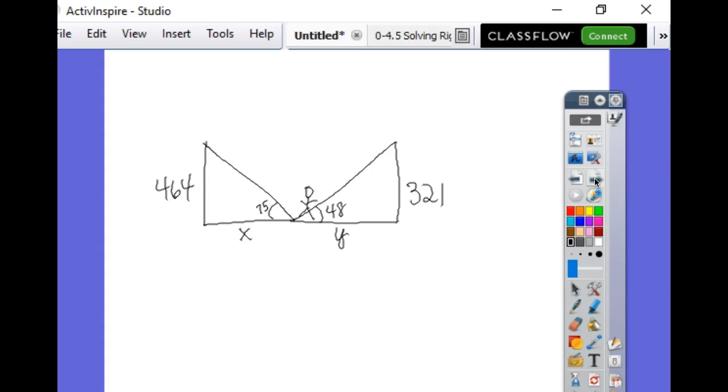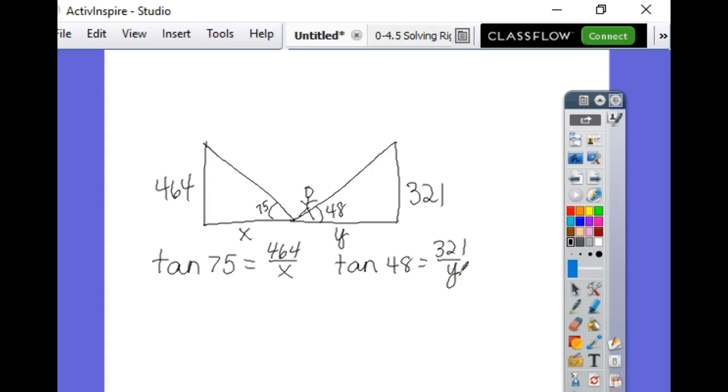So I have to find this side, and I have to find this side, and then we can add them together. So to find this side, if this is my angle, and I'm given this over this, that's the tangent, right? So I'm going to do the tangent of 75 equals 464 over x. And the tangent of 48 equals 321 over y.